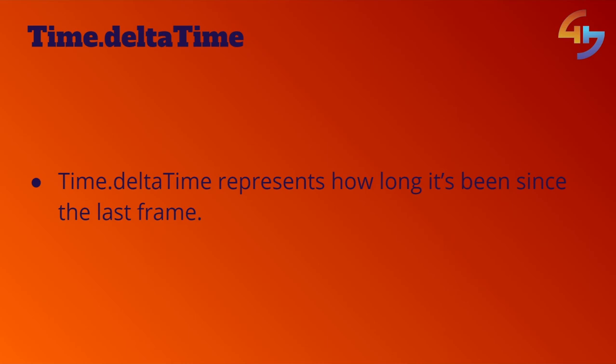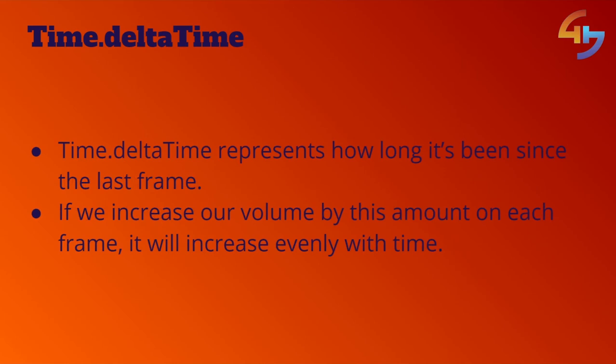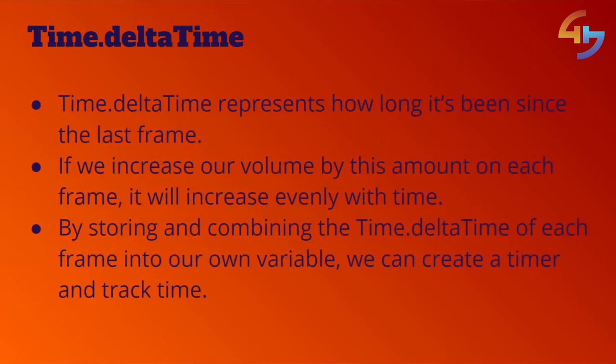This is going to be very helpful to us for two reasons. First, instead of increasing our volume by a fixed amount, we can increase it by the amount of time it takes each frame to render, thus increasing it at the same rate that time is passing. Second, we can take Time.deltaTime and add it to a float variable each frame. By doing this, we're combining the time of each frame, essentially creating a running timer in our script.